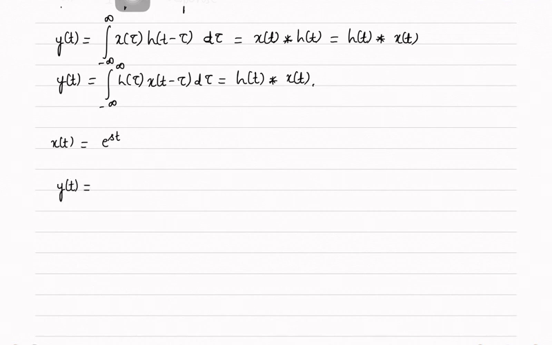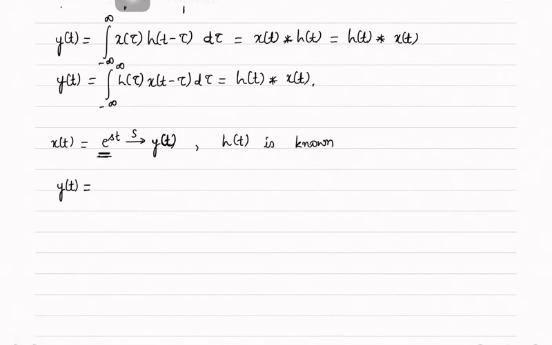When I feed this to an LTI system, I'll get an output y of t. I know what input I'm going to give, and I also know what h of t is. I know h of t is the impulse response.